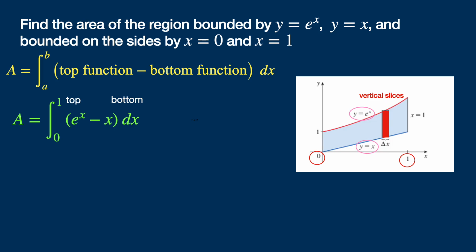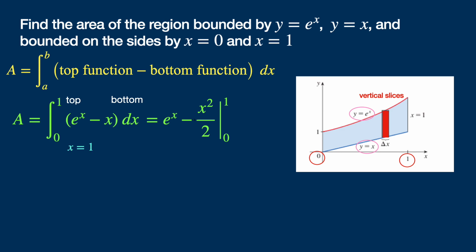Now we have to do the definite integral by using the first fundamental theorem. So we have to find the antiderivative: e to the x, and the antiderivative of x is x squared over 2, from x equals 0 to x equals 1.